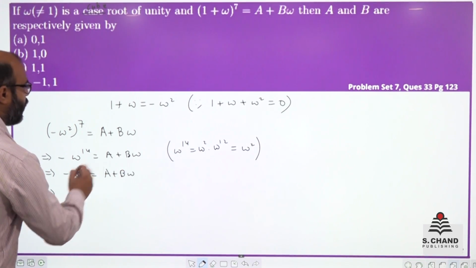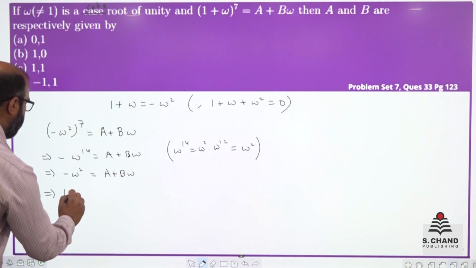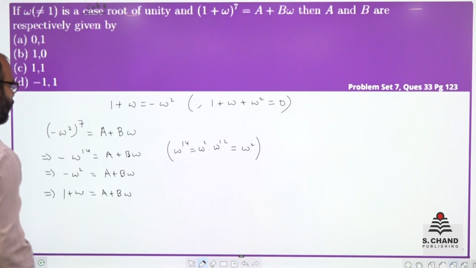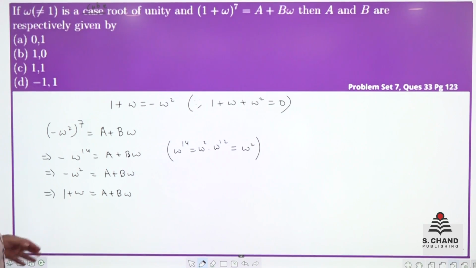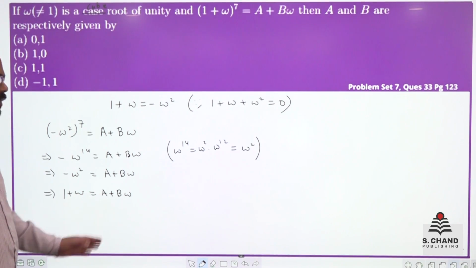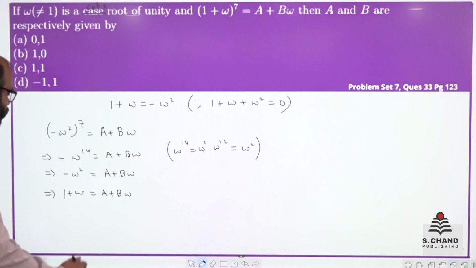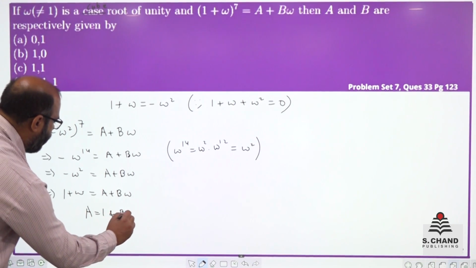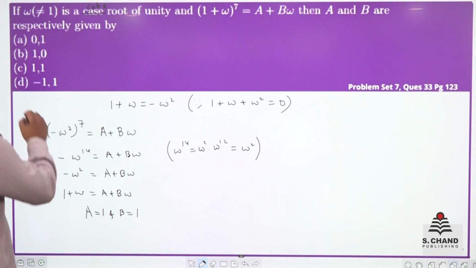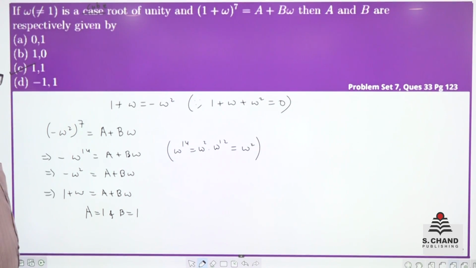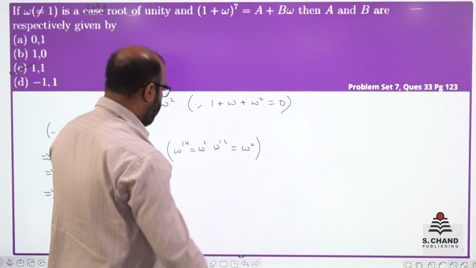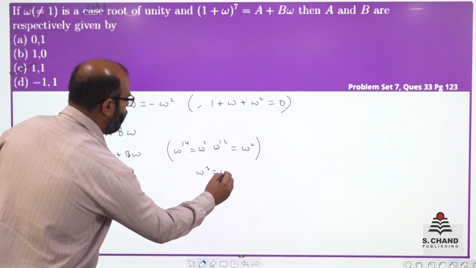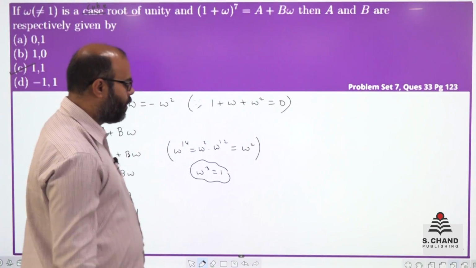Now again minus omega square we know is 1 plus omega, so 1 plus omega is equal to a plus b omega. Now if you see the left hand side and the right hand side, the constants and the coefficients of omega are equal. So a is equal to 1 and b is equal to 1. So the option that you have is option C, 1, 1. The other fact which we have used here is omega cube is equal to 1. So this is also important.